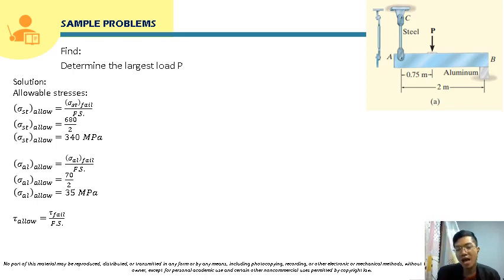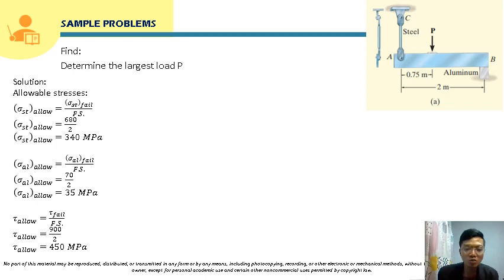Now for the allowable shear stress for the pins here at A and C, they will have the same value, the same design. So it will be equal to the shear stress at failure over the factor of safety. From the problem, that is 900 and the factor of safety is 2, and this will be equal to 450 megapascal.